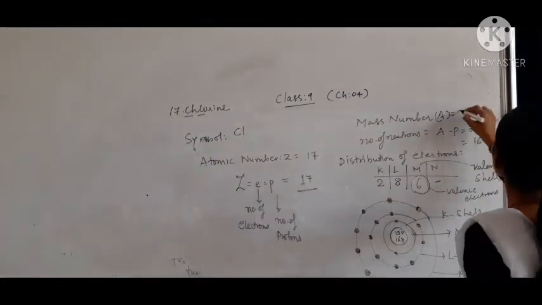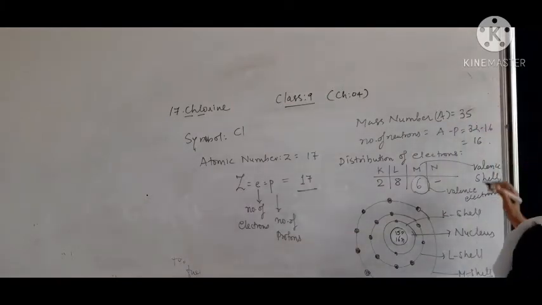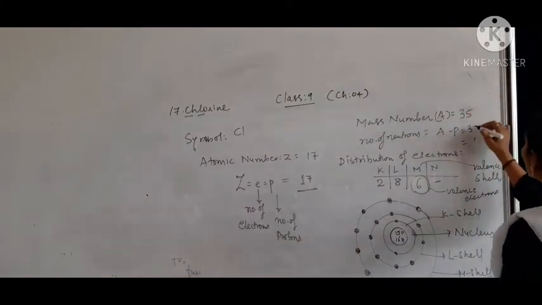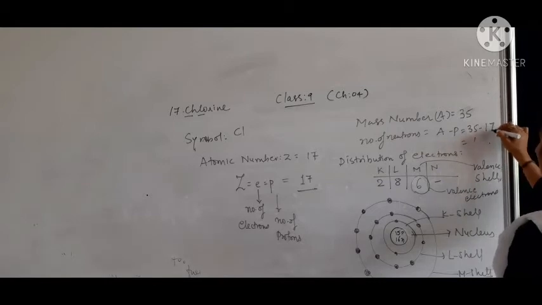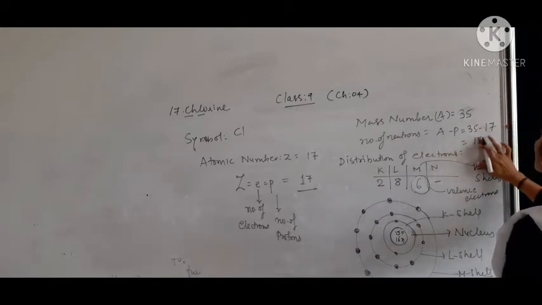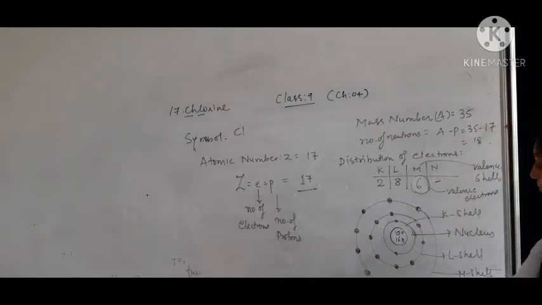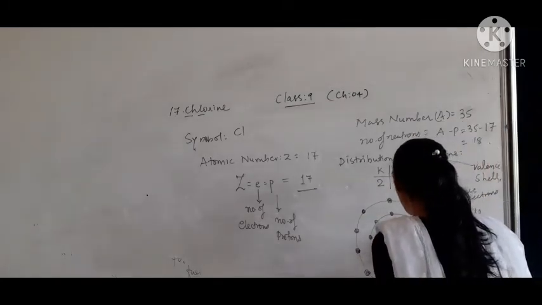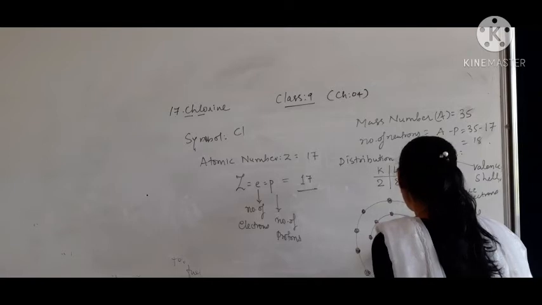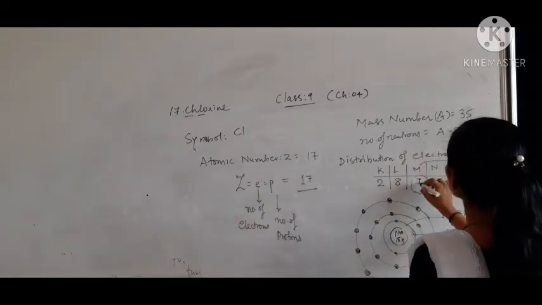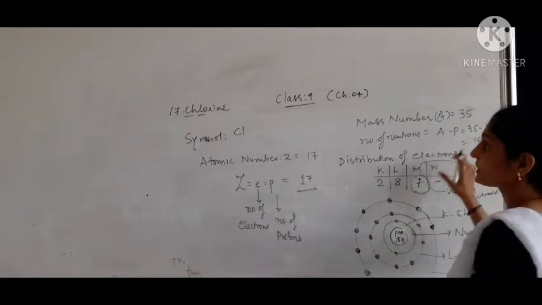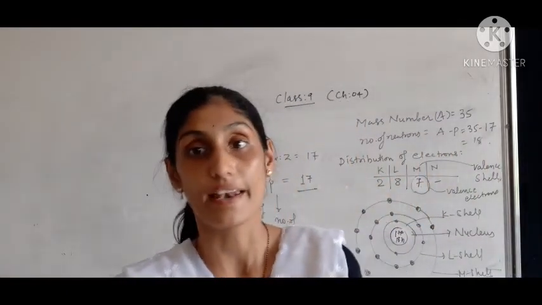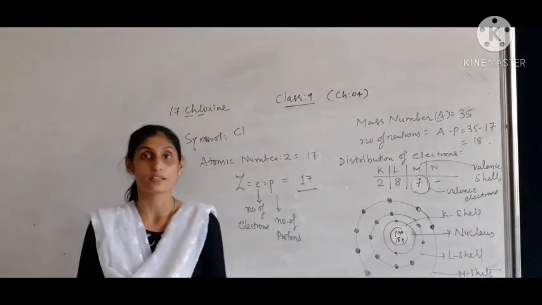Now the mass of chlorine is 35.5, but we are taking 35. 35 minus 17, so it contains 18 neutrons. So what we are writing over here is 17 protons and 18 neutrons. Now instead of 6 we have 7 electrons. So it is for chlorine, Cl. So that is the 17th element.